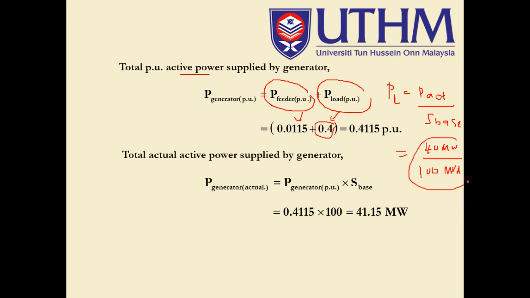Here it is equal to 0.4 PU. And then we can calculate the active power supplied by the generator, 0.4115 PU. So the total actual active power supplied by the generator is the PU value multiplied by S base, which is 100.